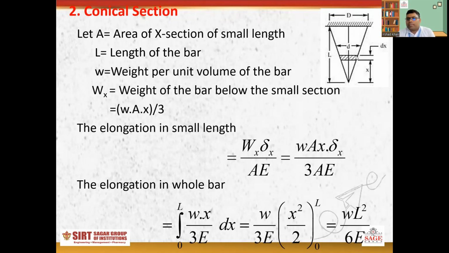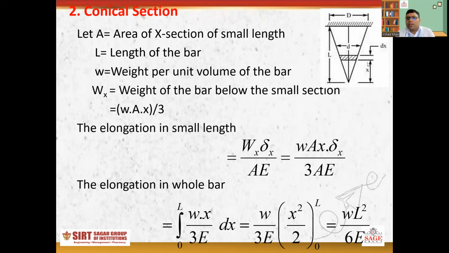The cross-sectional area varies because this is a conical section. In the part above the small section, the cross-sectional area is A, L is the length of the conical bar, small w is the weight per unit volume of the bar, and W is the weight of the bar below the small section.